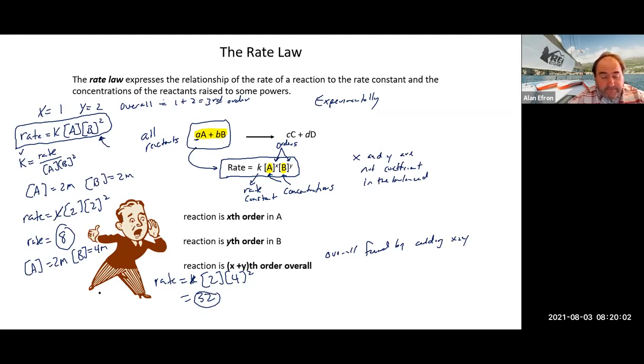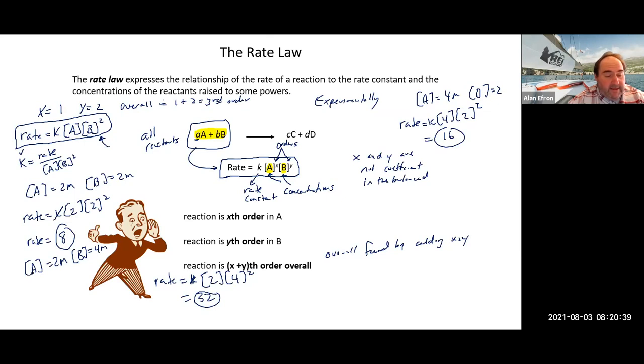You can also speed it up, maybe not as much, if you decided to double A instead of B. So if A was doubled to 4 and B stayed the same at 2, what happens in that case? Well, the rate would equal K, A gets doubled, B stays the same. We now have 2 squared, which is 4, times 4, which is 16.